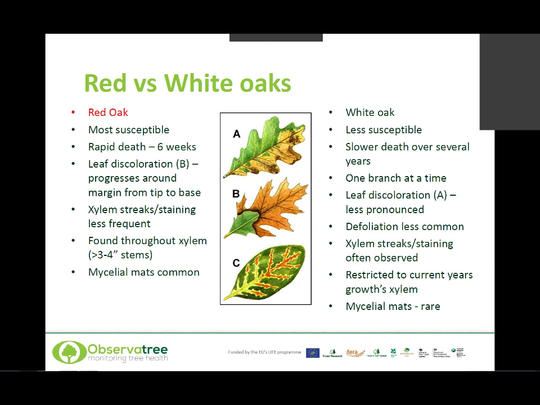It is described as being diffusely porous, and therefore it has smaller vessels, and therefore the fungus finds it harder to move up and down the tissue. So understanding the basic physiology of the tree will give you an indication of how susceptible and how damaging they might be. So if we move on to the next slide, please.